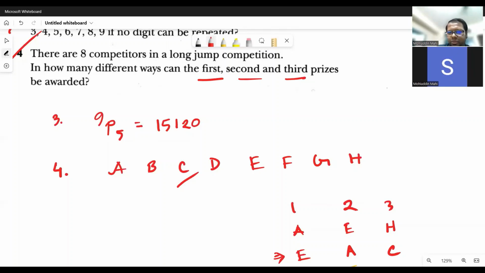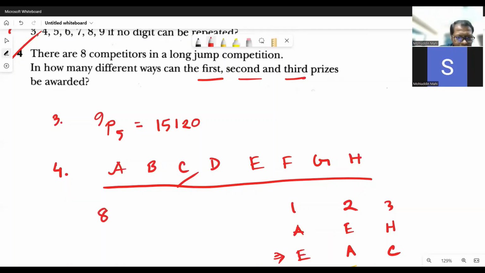So that's why we have to use permutation. 8 competitors are available and we can distribute 3 prizes, first, second, and third. So the total possible ways will be 8p3, which is 336. Right. So I think you have understood.